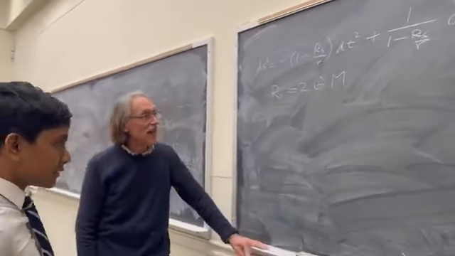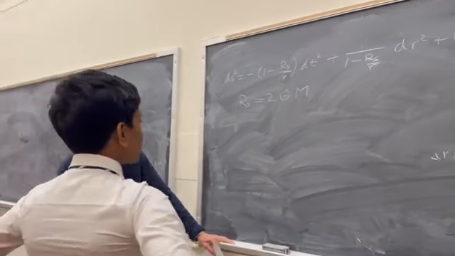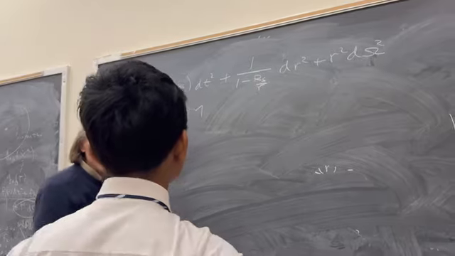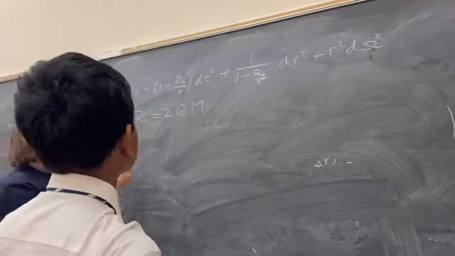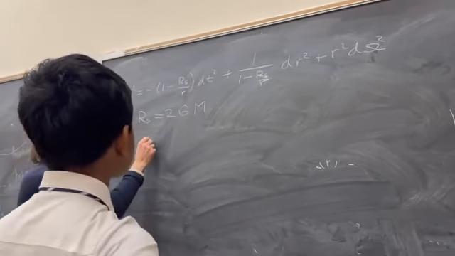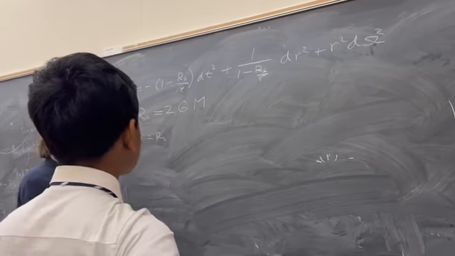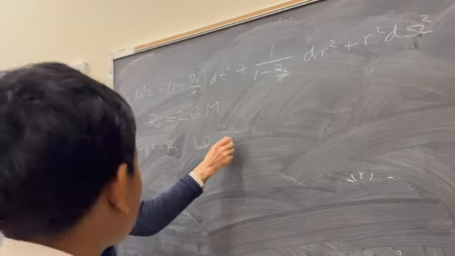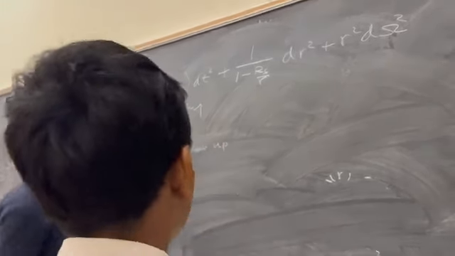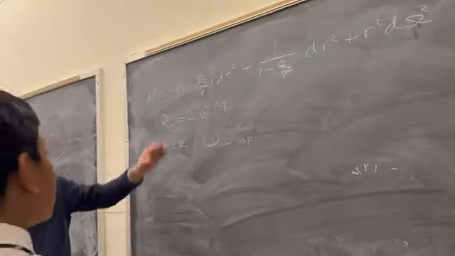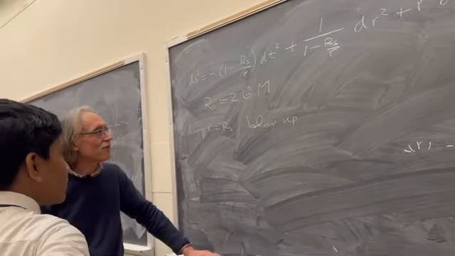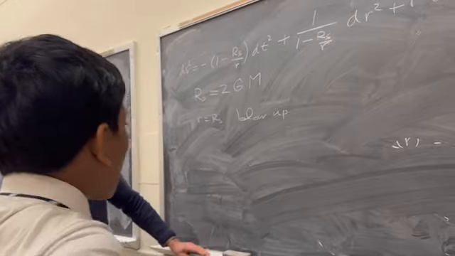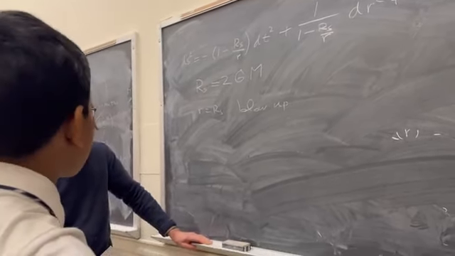Right. And now you see the problem. When r becomes rs, this blows up, and so at r equal to rs, things blow up. Because we have 1 over 0. Here there is 0, so that means that the time doesn't do anything anymore.